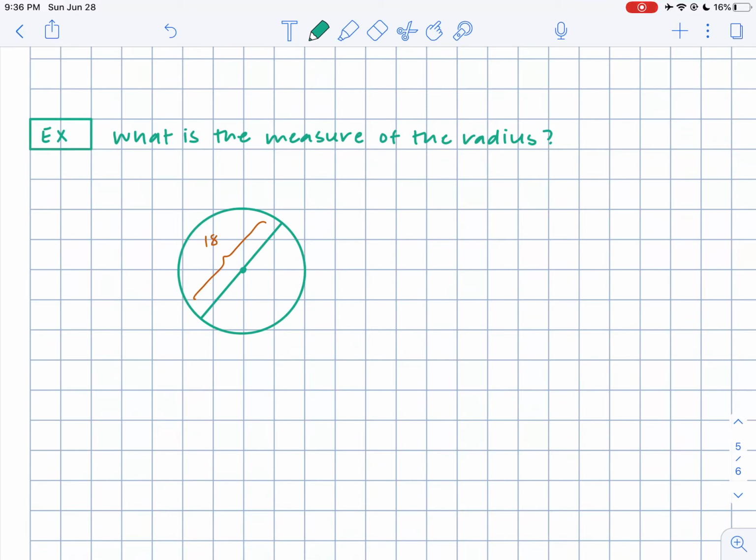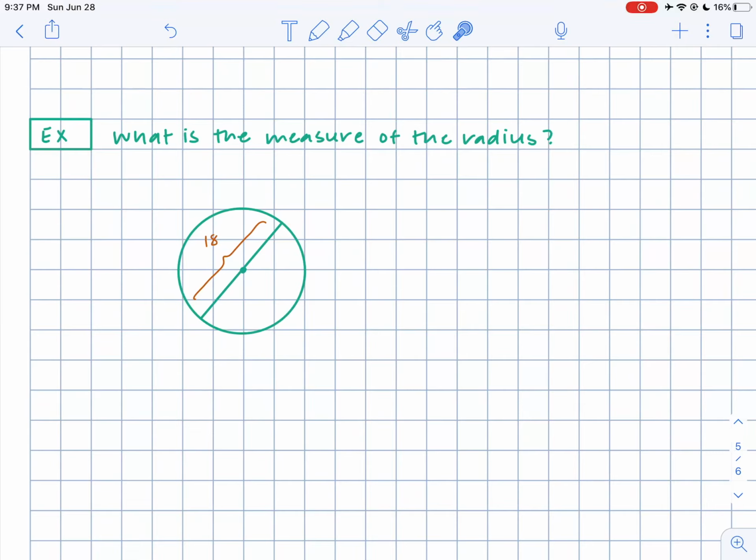What is the measure of the radius? Okay, remember the radius is the distance from the center to any point on the circle. If we're given that this whole thing is 18, then we should be able to recognize that this is a diameter because two endpoints are on the circle and it contains the center, right?